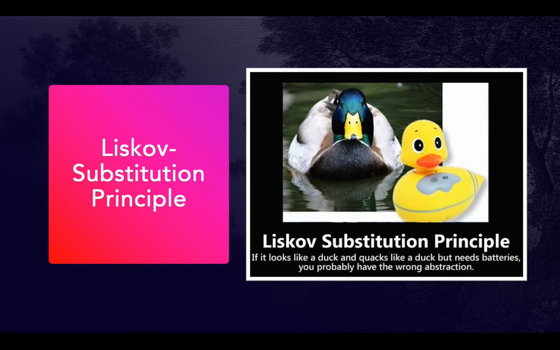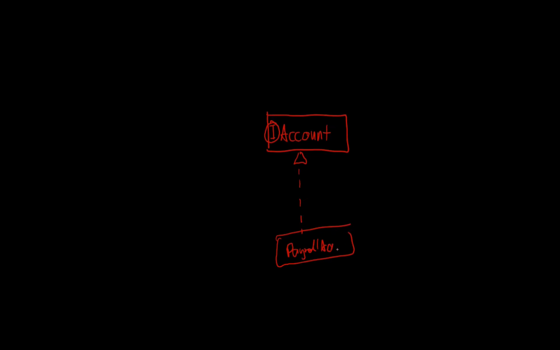So for example, if your architecture looks like this, for example, you have here an abstraction called account. I'm gonna write an I right here to signify that it is an interface or an abstraction. And let's say one of its realizations would be payroll account. So you should always wonder if this is the correct relationship between them. Should account be a realization of payroll account?